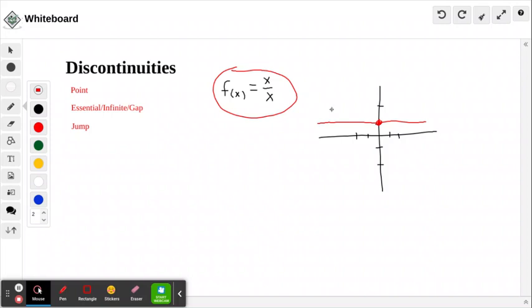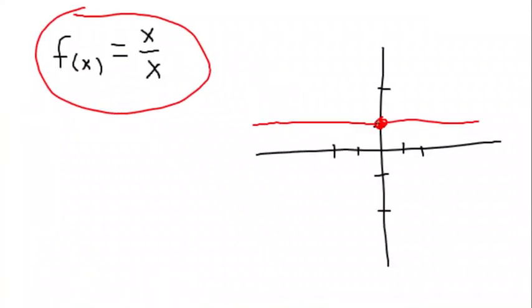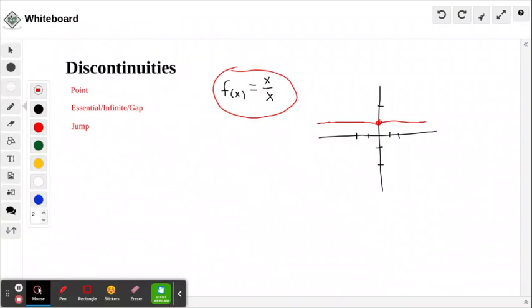So that means that f of x equals x over x can be said to have a point discontinuity. Even though it is identical in almost every way to the graph of f of x equals 1, the graph of f of x equals x over x is not the same.